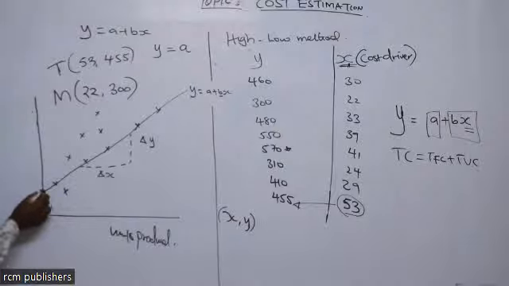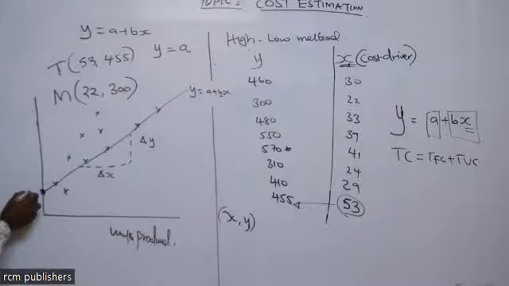This is the point of getting the value of A. How do we call this particular point?